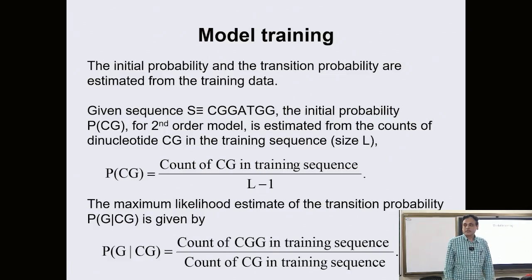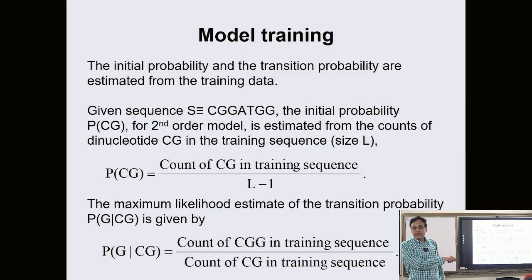Once you have trained them, you should have the values of these parameters, the initial probabilities and transition probabilities. Then you can compute the probability of a sequence being protein coding or non-coding.